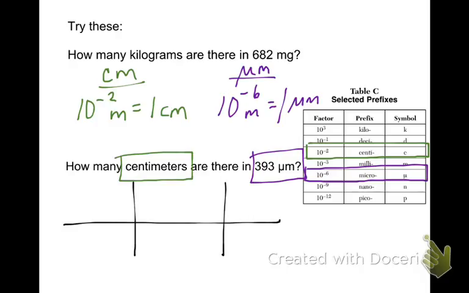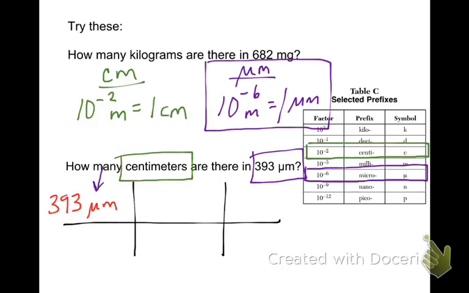Now that we have that, we can take what's given, place it in the upper left, 393 micrometers, and we can convert. So knowing that we're starting with micrometers, that means that we're going to be using our micrometer conversion factor. So we've got micrometers up here, so we're going to put that same unit in the middle so that they can cancel.